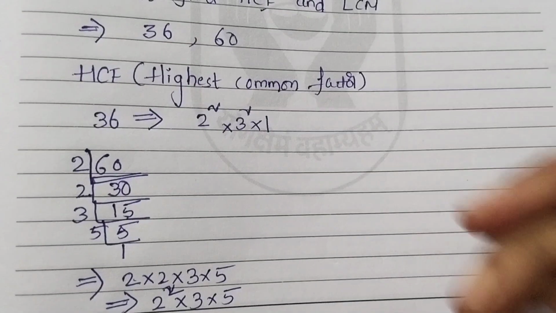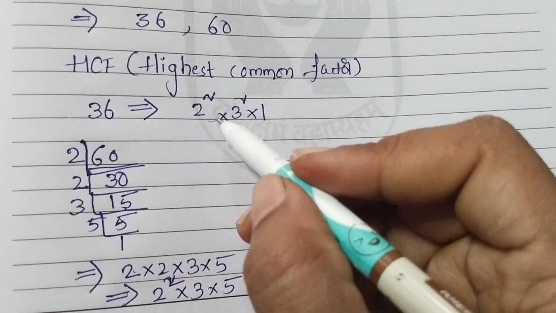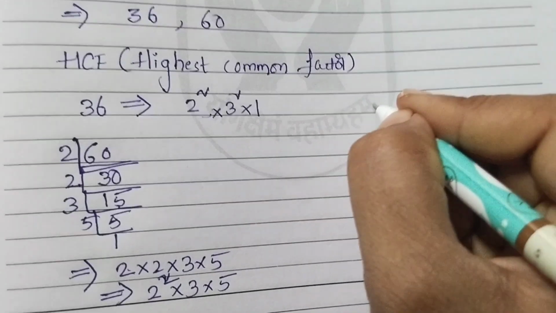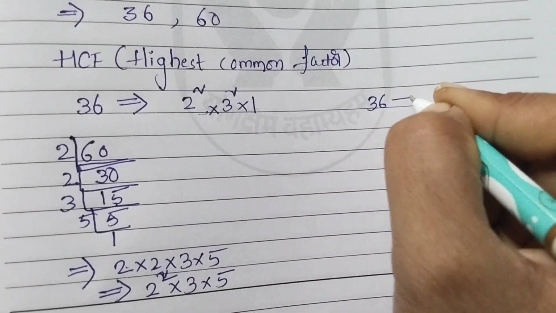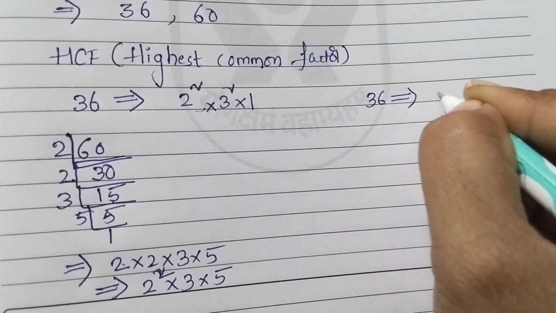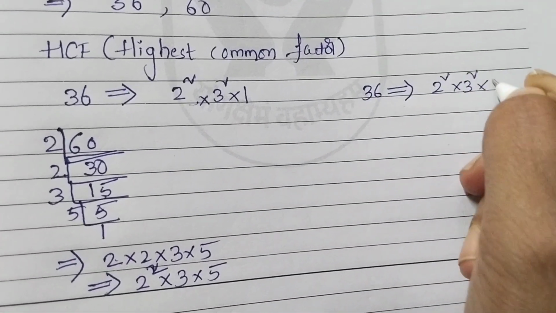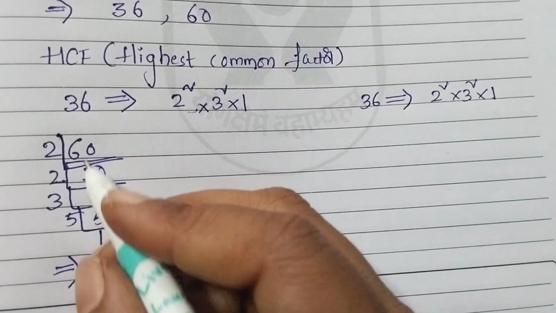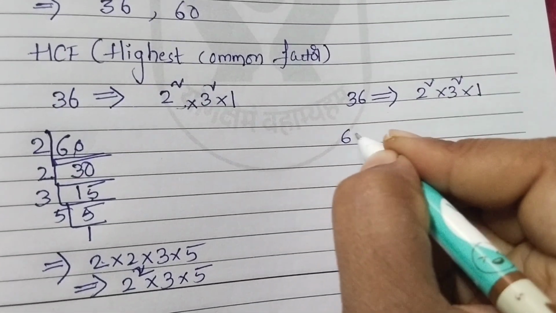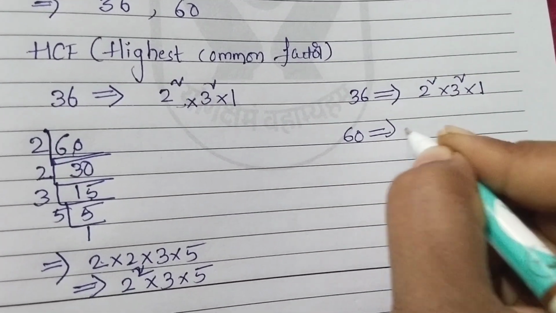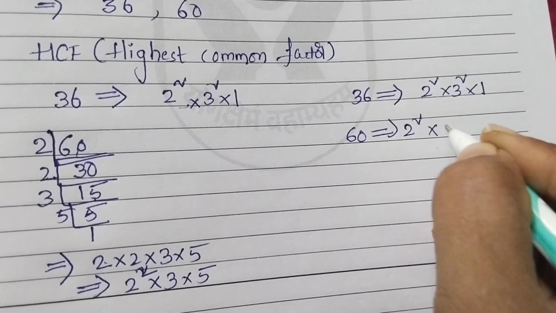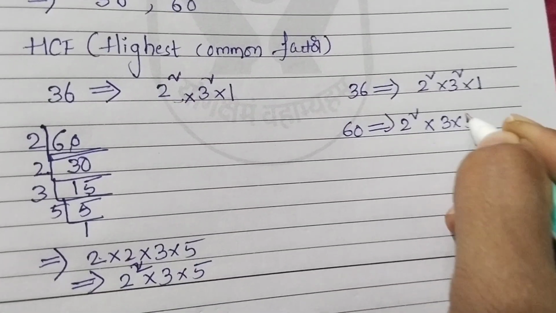Okay. Now, how to find HCF using this prime factorization technique we'll see, okay? For 36, after doing prime factorization, we got 2 square into 3 square into 1, right? For 60, we got 2 square into 3 into 5.